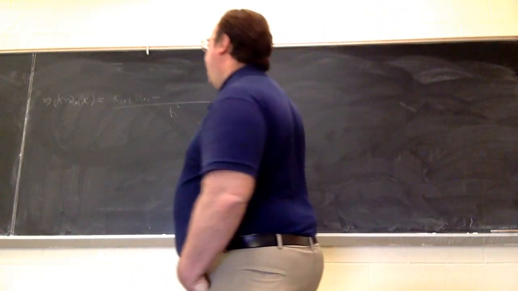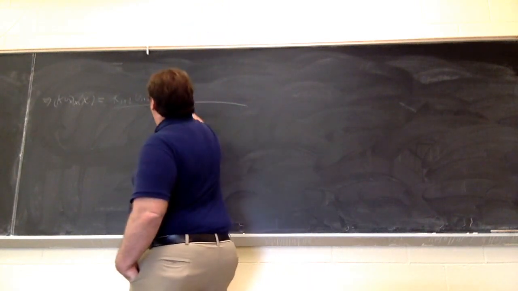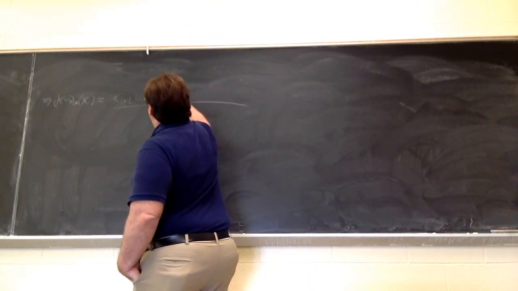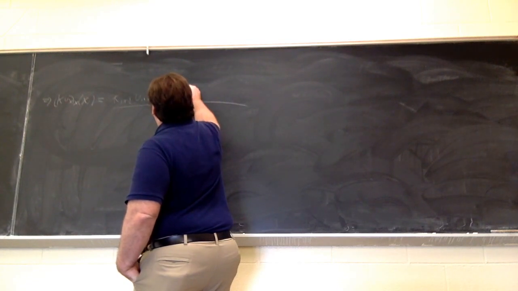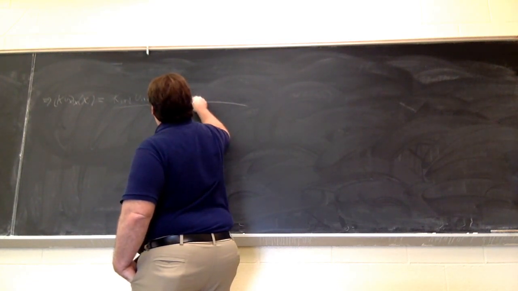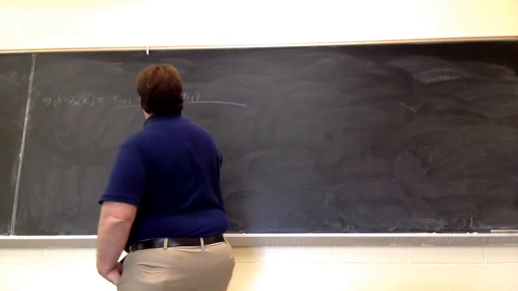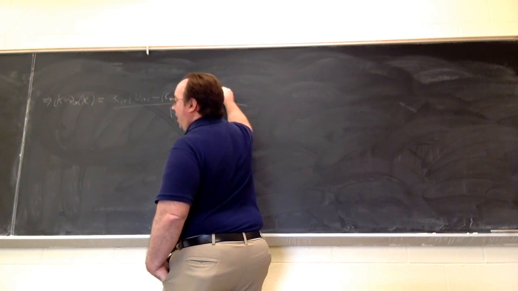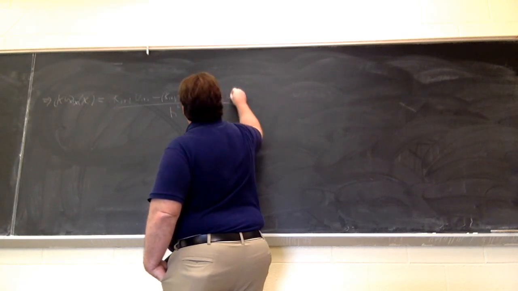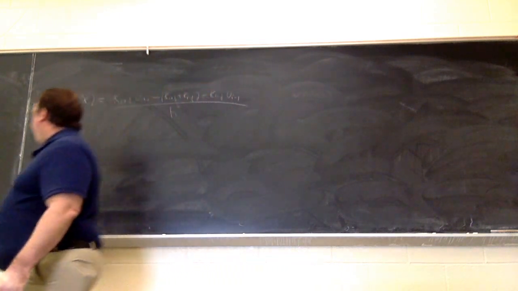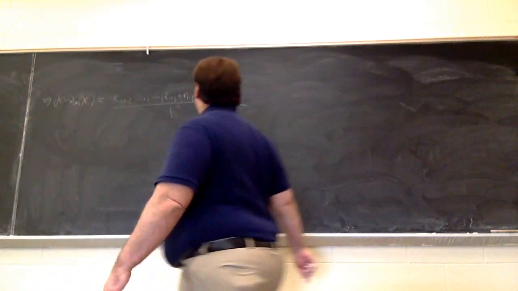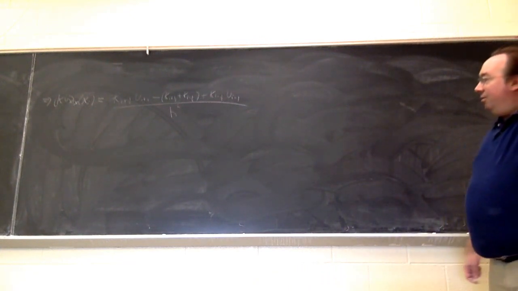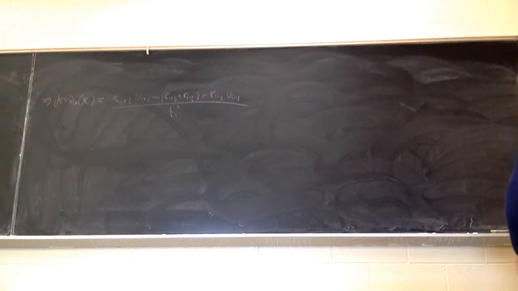Now, for what's multiplying u_i, I have k_{i+1/2} and k_{i-1/2}, because u_i appears in both of those first derivative stencils. And then I have plus k_{i-1/2} u_{i-1}, because we have a minus and a minus making a plus. So this kind of looks like a center difference second derivative stencil.